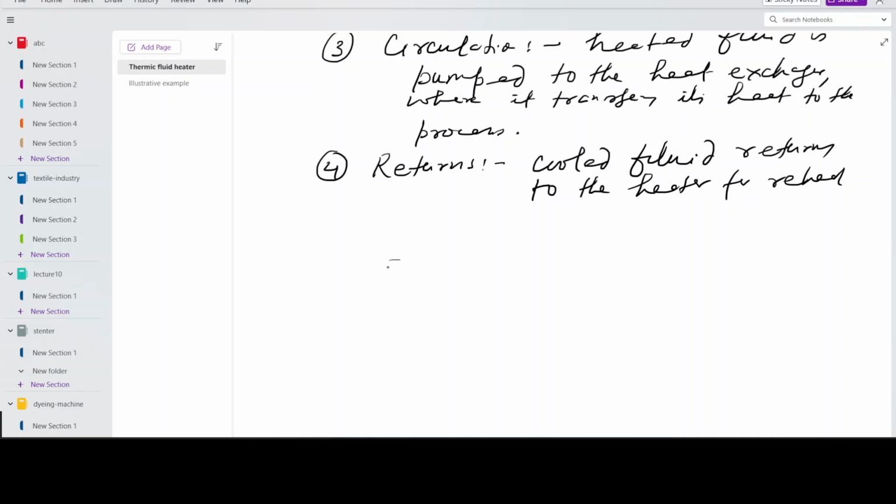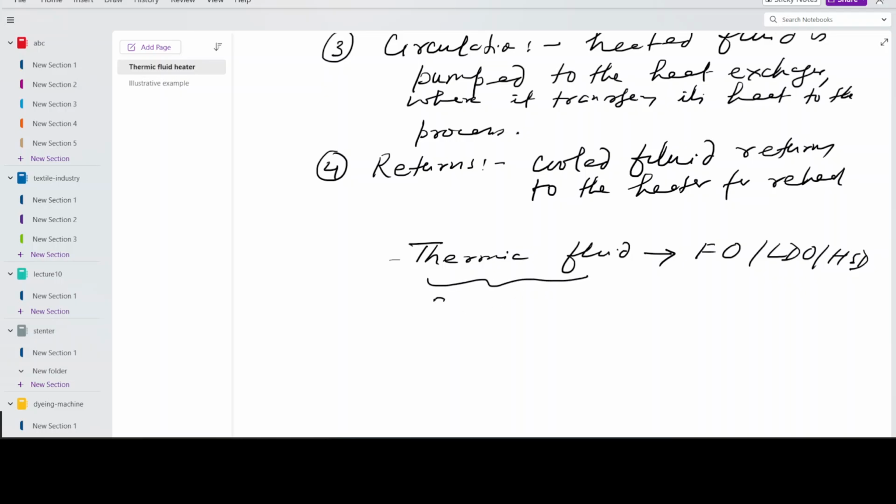Till now we have seen thermic fluid like furnace oil, light diesel oil, high speed diesel, etc. This thermic fluid is acting as a heat carrier.